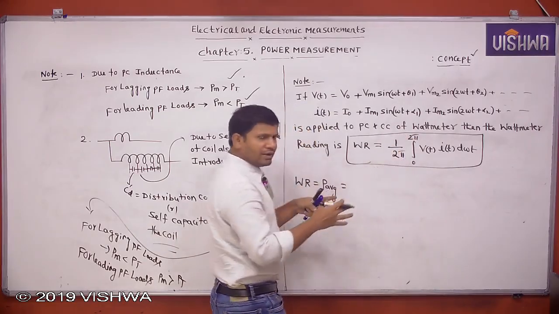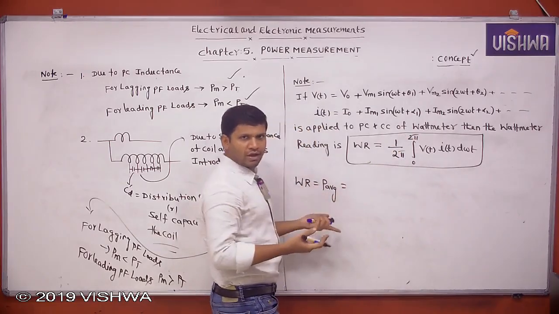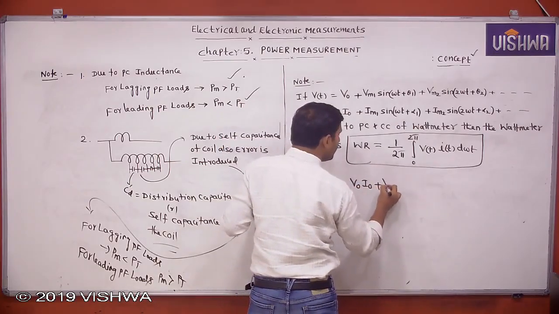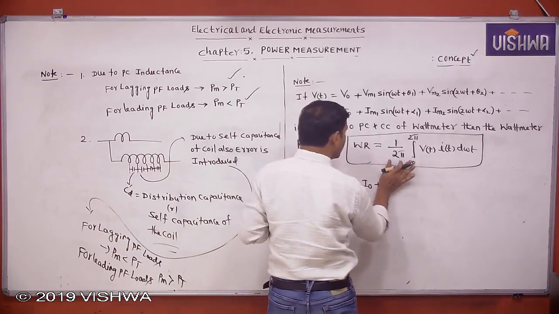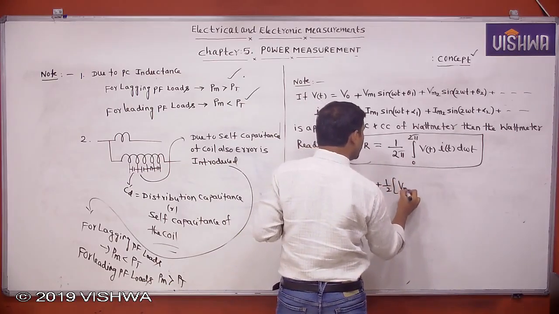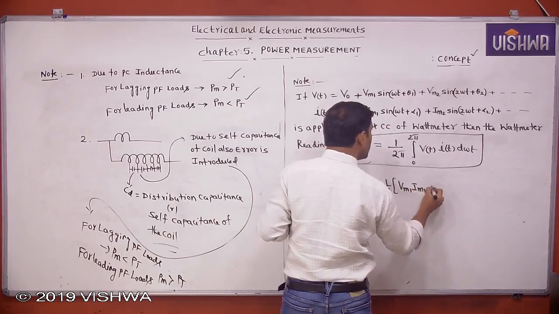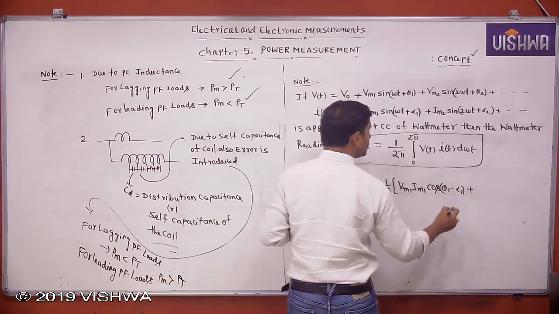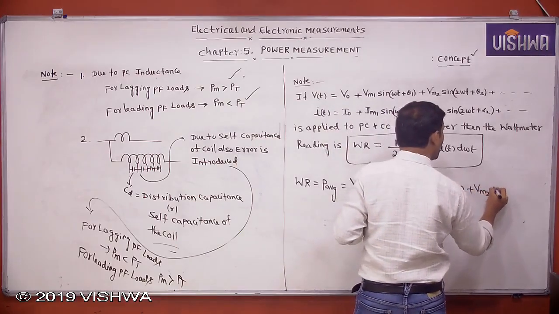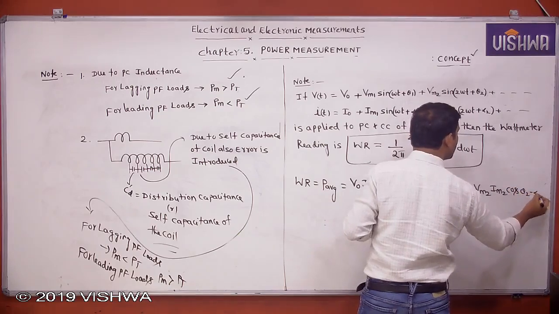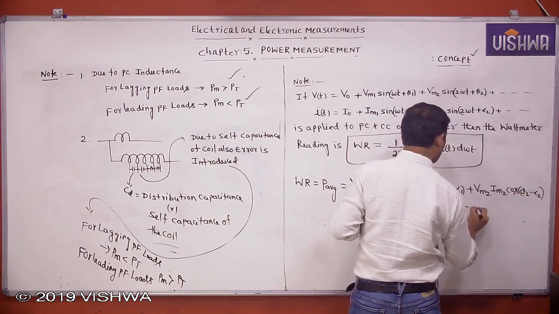Simplified formula I am giving. Directly we remember this formula during solving of the problems. V0 into I0 plus 1 by 2 Vm1 Im1 cos(theta 1 minus alpha 1) plus 1 by 2 Vm2 Im2 cos(theta 2 minus alpha 2) plus and so on.